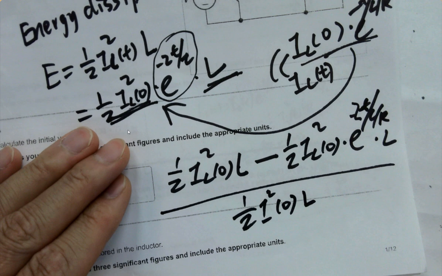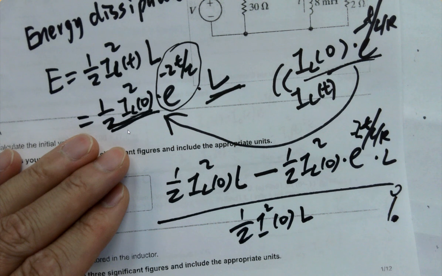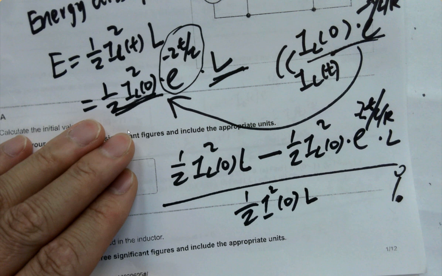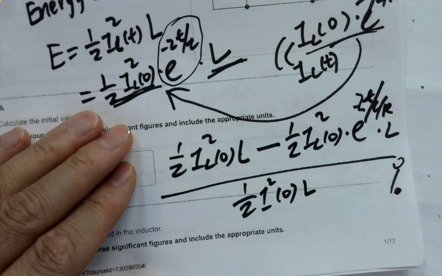So you get the percentage of the energy dissipated already, the one lost across the resistor. Make sense?